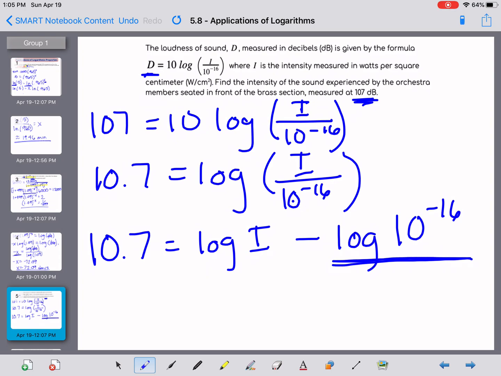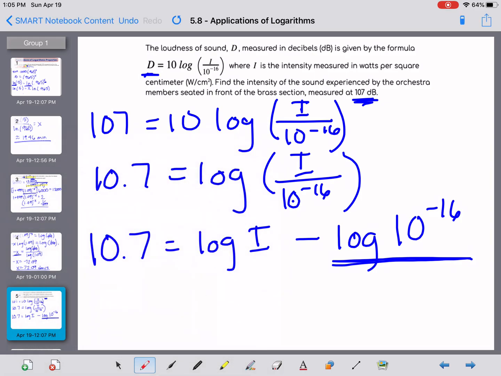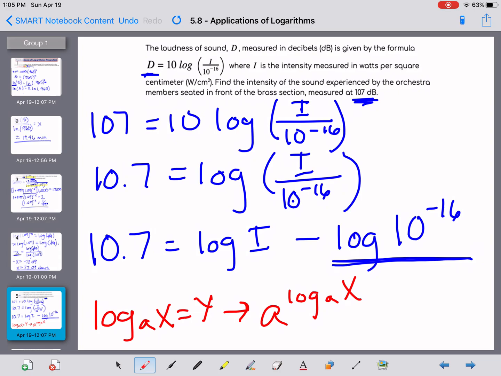Because, again, this is using our properties that we had. If I change my color just so you can see, if I have log base A of x equals y, I can change that to the base, we'll make that A, and then log A of x, because that's also equal to, well, I can do that to the other side either way.